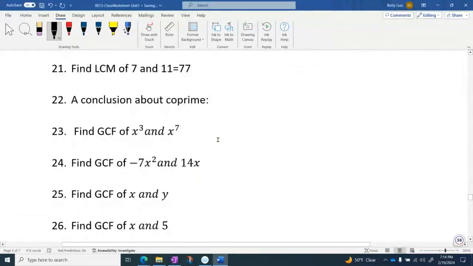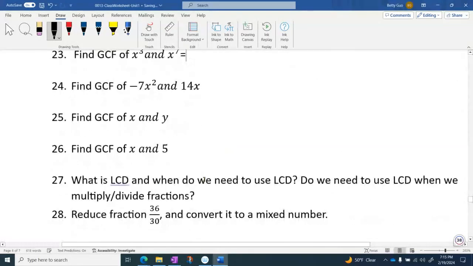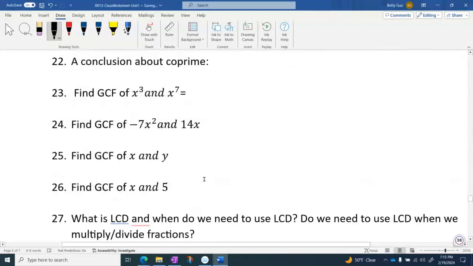Okay, now it starts to get more complicated. What is the GCF of x cubed and x^7? Now we are not looking at two numbers anymore.